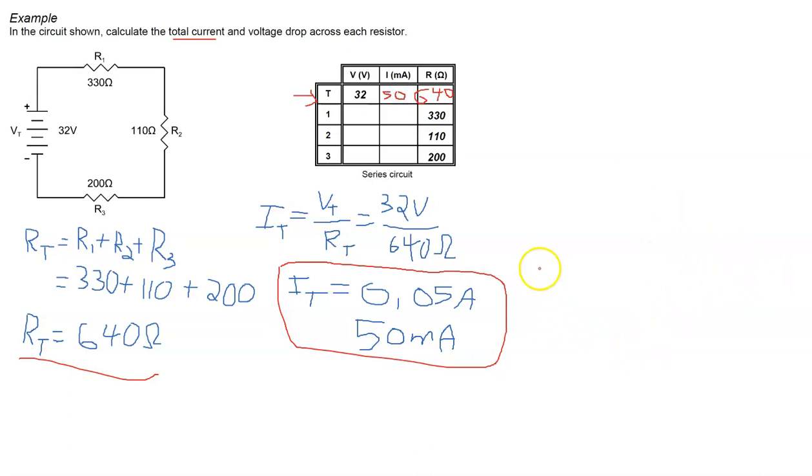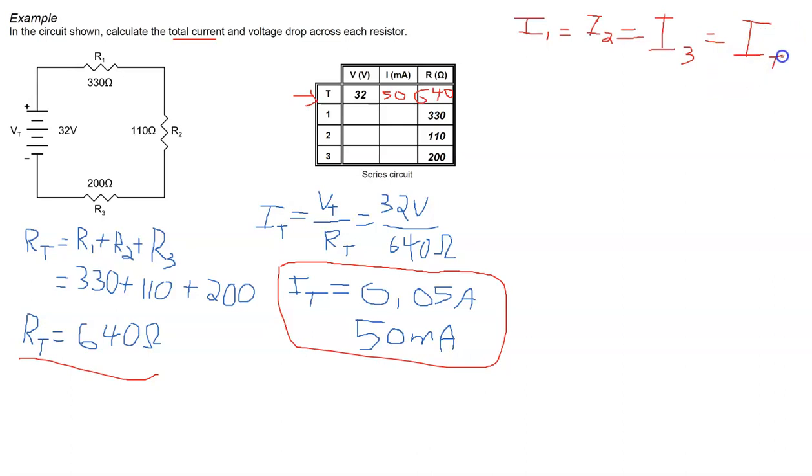Now, next we want the voltage drop across each resistor. What we need to think about now is that from the rules of series circuits, we know that I1 is equal to I2 is equal to I3 is equal to the IT that we calculated.